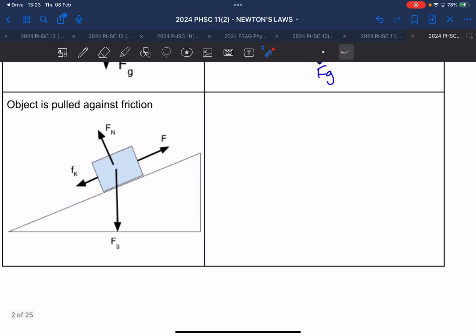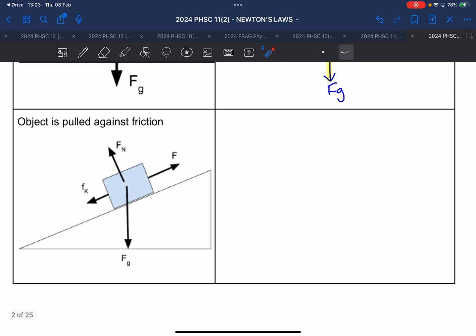Alright, and there we have something being pulled against friction. It's being pulled up. They don't say at a constant velocity or what, so we're going to ignore that for the moment. Let's draw a free body diagram. Give me a force.